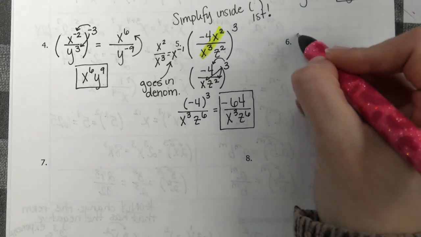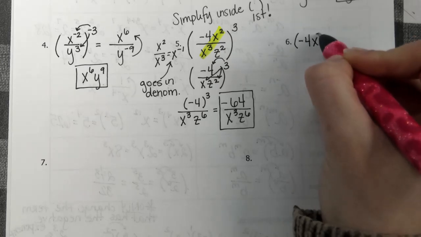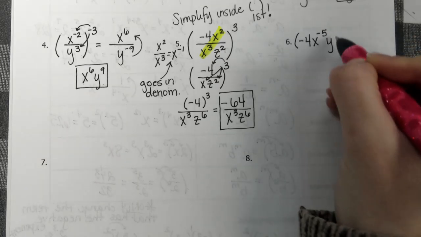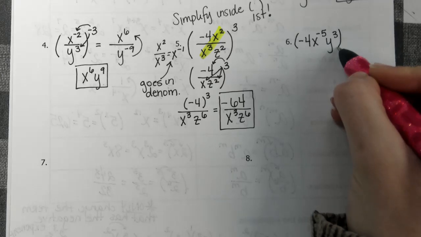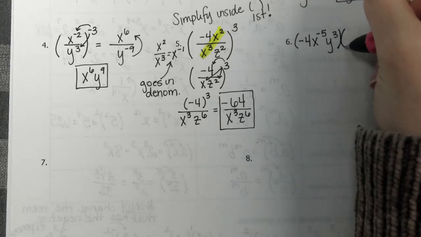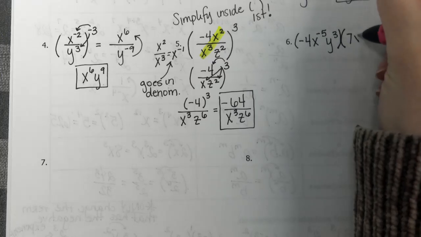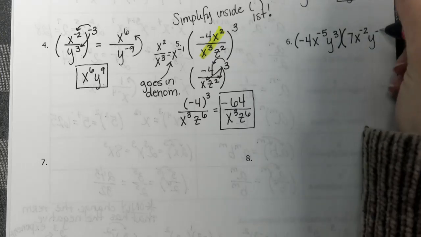We've got in parentheses, negative 4, x to the negative 5, y cubed, close parentheses. Then we have another set of parentheses right next to it, 7, x to the negative 2 power, y to the negative 7th power.